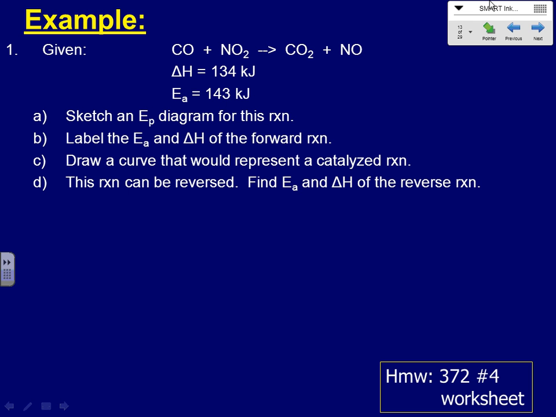I think if we sat and thought about it long enough, we could come up with an equation that would calculate the EA and the delta H for the reverse and all this other stuff. But once you put it on the diagram, it becomes easy. There's no need to get messy with a complex equation here.